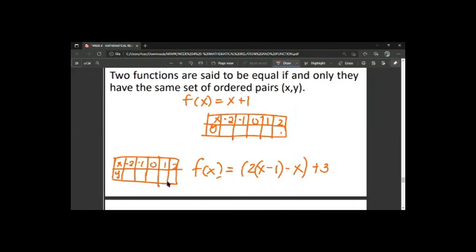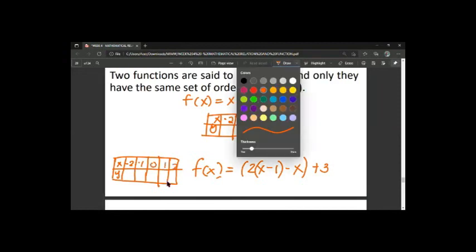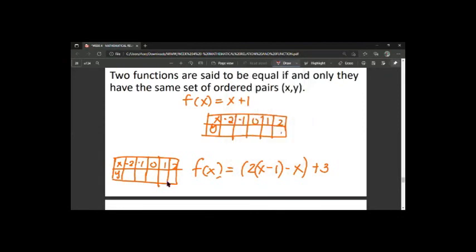So, let's start here sa x plus 1. So, substitute natin yung negative 2 dito. So, that is negative 2 plus 1, that is negative 1. How about yung negative 1? Negative 1 plus 1 is 0. Then, substitute natin yung 0 dito sa x.